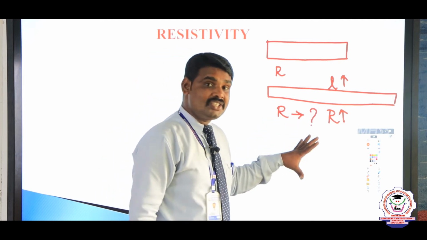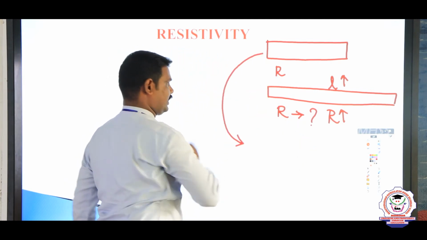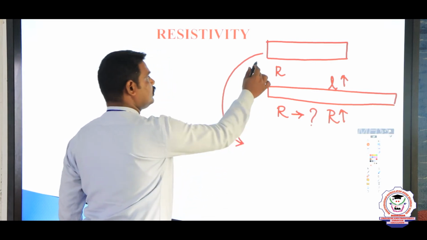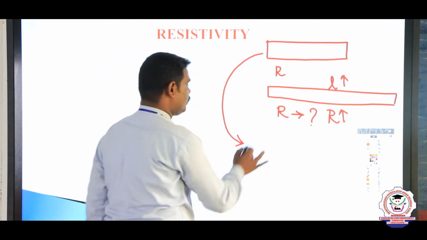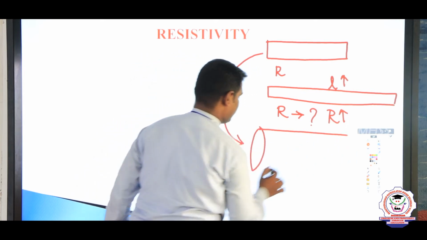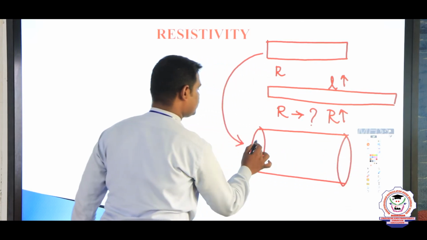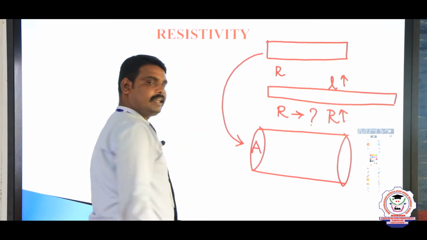Now I am changing the area of cross section of the original conductor. The length remains constant, but I am changing the area of cross section. This is the area of cross section, right?